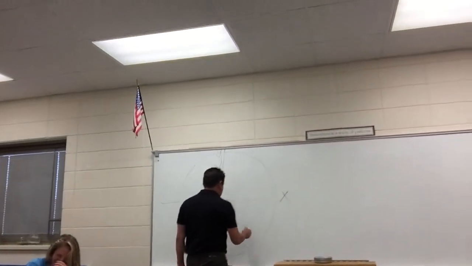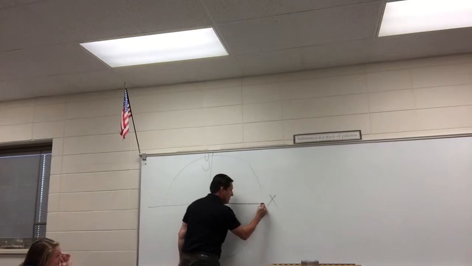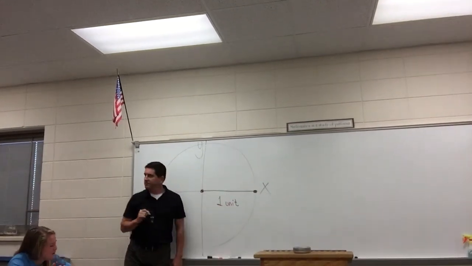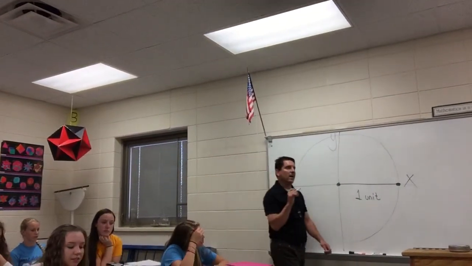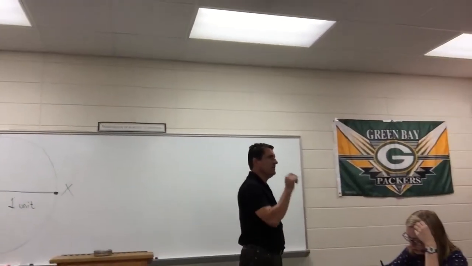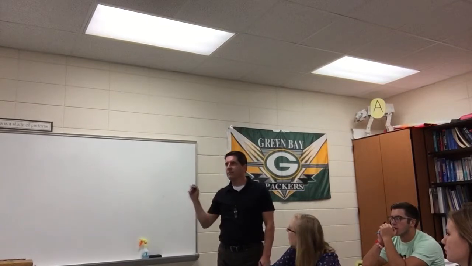Okay, so here's what I heard. We established that this is 1 unit. And then what they're saying here is that the arc, 1 radian, is the arc length, which is equal to the radius of the circle.